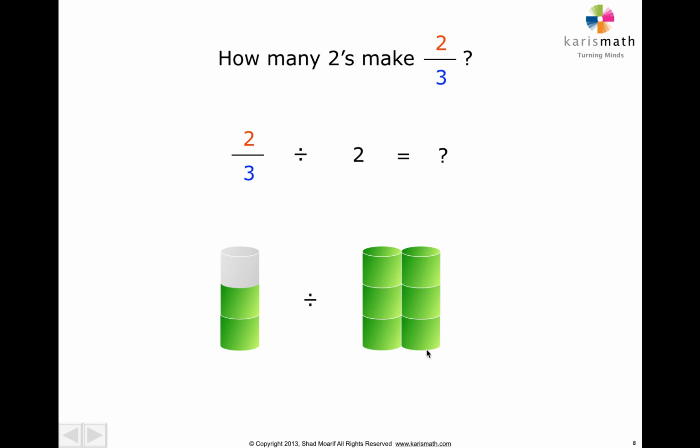We have 6/3 here. Now, how many of these fit into this? Well, 2 of them, definitely. If we arrange it this way, we can see these 2 go in there. So that's 2/6 of all of this fits into here.